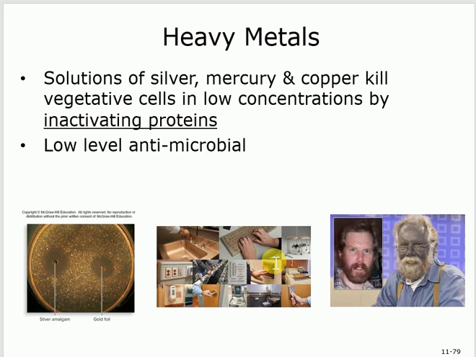Heavy metals like mercury, silver, copper, they kill the vegetative cells in low concentration by inactivating proteins. They don't use it that much, but if it is used, you need to remember this. This is one of your flashcards. Heavy metals like mercury, how does it work?